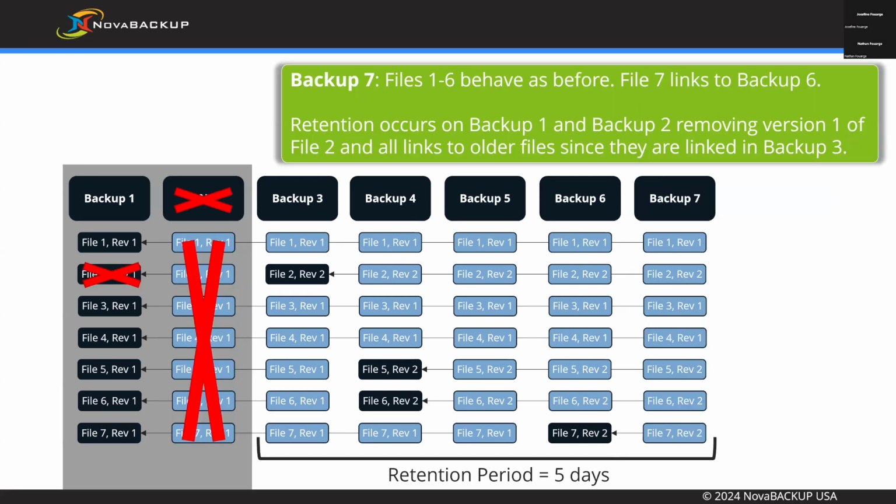If I go to the next day, backup 7, it says, backup 2 is no longer within that retention period, and there's nothing in backup 2 that I need to keep around, so I can remove that entire backup. And file 2, I no longer need to keep that out of backup 1 because that is outside the retention period, but backup 3 has that new revision of that file in there, and that's within the retention period.